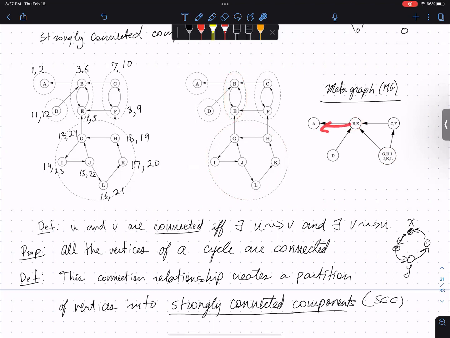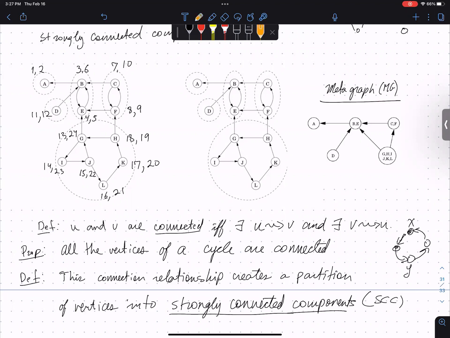What about the edges? So I'll give you a formal definition in a second, but informally, imagine I've taken each of these guys and just squished it all, merged it all together, but I've kept the edges going out and in to this component, but the whole component I squished into a single vertex.